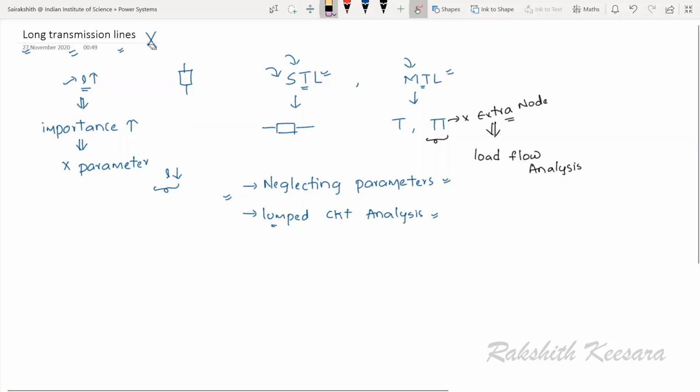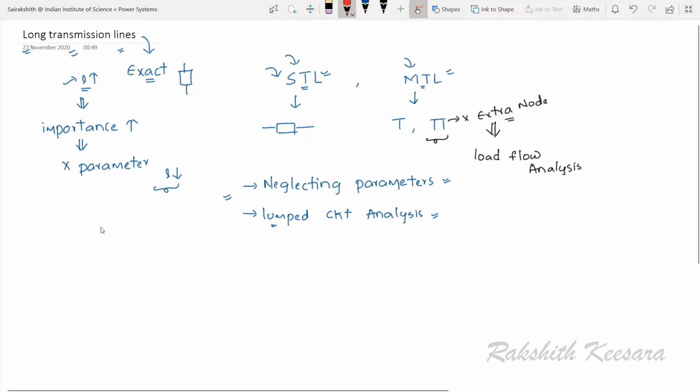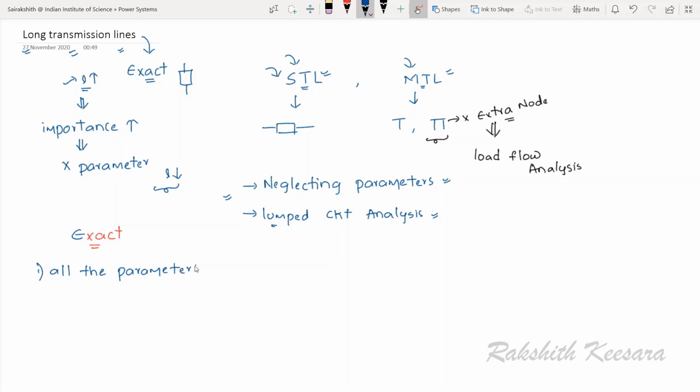In other words, I can tell that we should do an exact analysis for long transmission line. So what is the meaning of exact? Here exact indicates the first point: we should consider all the parameters. And the second point is, generally a transmission line is distributed in nature, right?